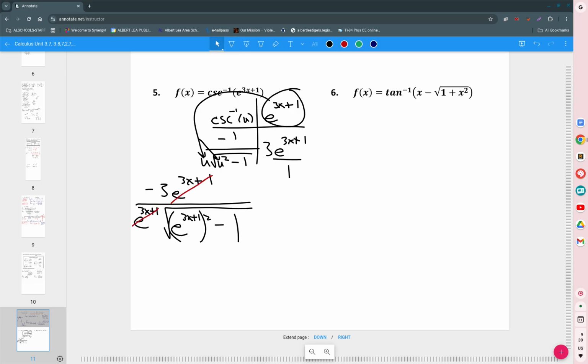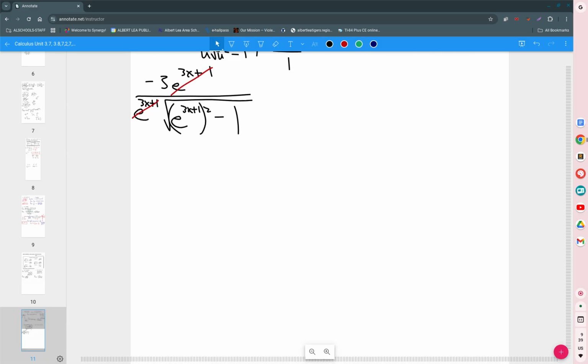So this is an example where you do get some reduction. I have a negative 3 in the top over the square root of, and let's see here. If I take e to the 3x plus 1 and square it, what do I do to the exponents? Multiply. So you get e to the 6x plus 2. I have a negative 1.